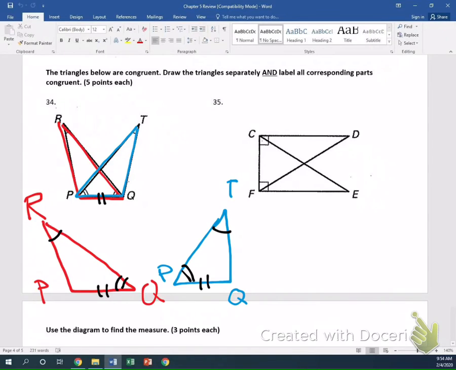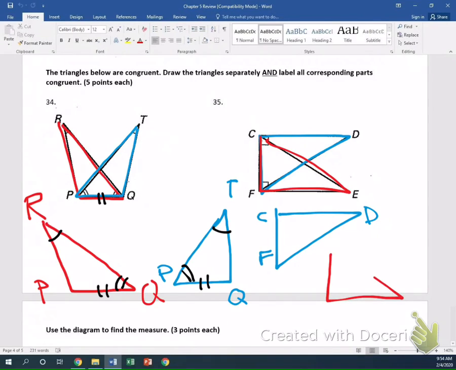All right, same thing on number 35. So do you see we have some right triangles? We have this guy, C, F, D. And then we have this guy, so C, F, and E. On this one we had the right angle at C and at F. And then this segment was the same.